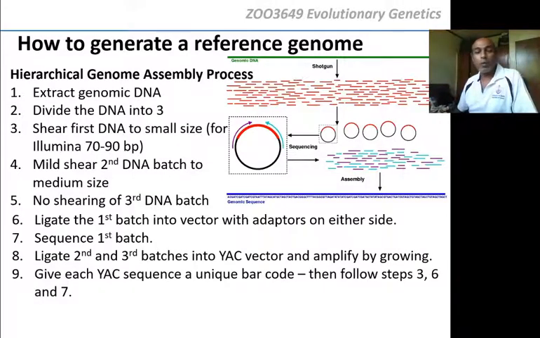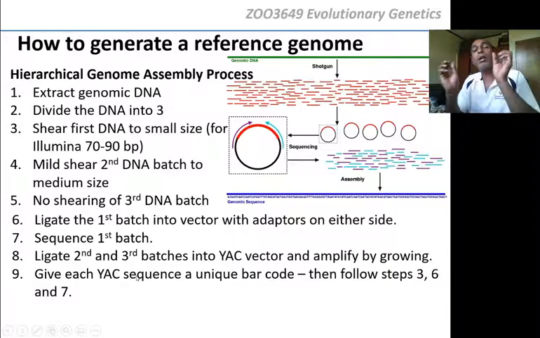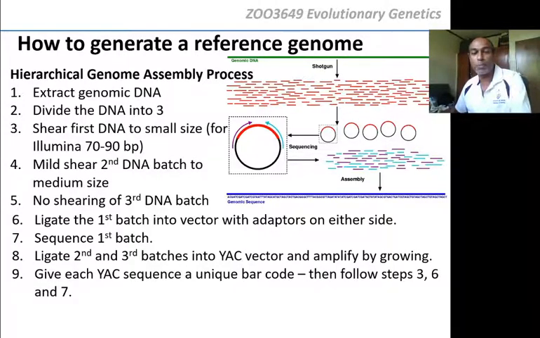So we give each unique YAC sequence a barcode, and then for each YAC sequence, we follow steps 3, 6, and 7. So we shear it, so that we can make the pieces small, so that we can go to step 6, put the adapters on, and then 7, sequence it.